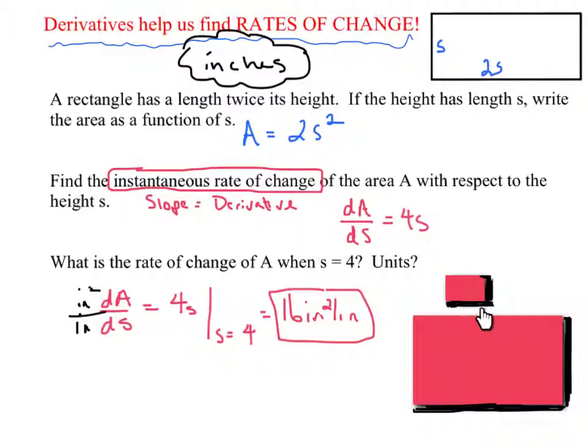Because I just added this little black part here in the big rectangle, but here I added this whole thing. So how the area is changing is definitely dependent on what side length we're talking about, because a little rectangle adds some area. A big rectangle adds a lot more area. So if suddenly I said, what's the rate of change when S is 10? Well, 4 times 10 is 40, because the bigger the side length, the bigger the rate of change.